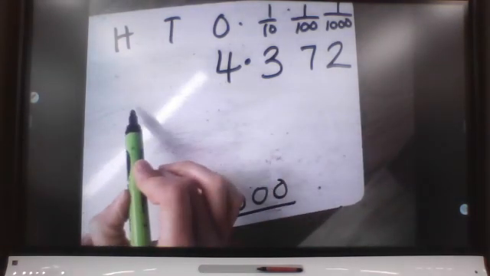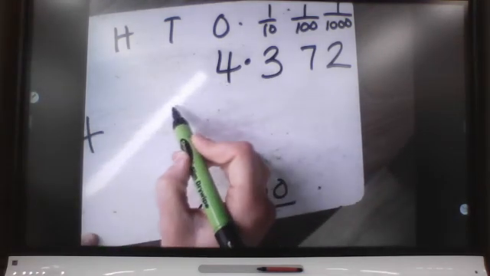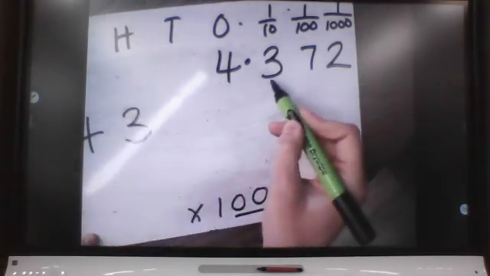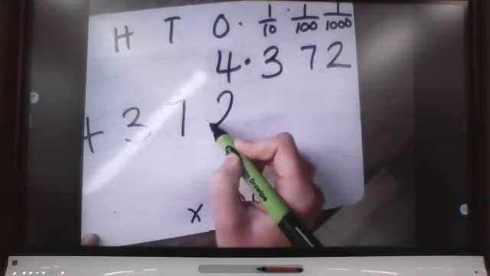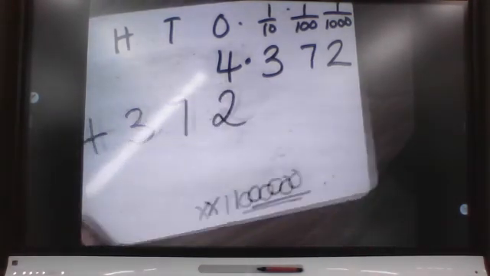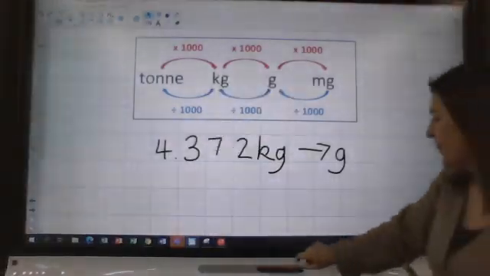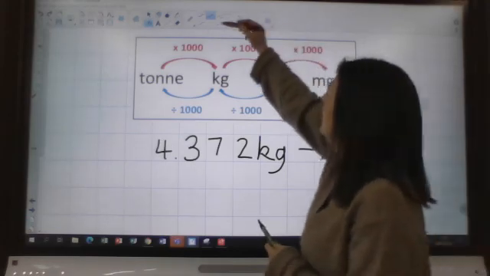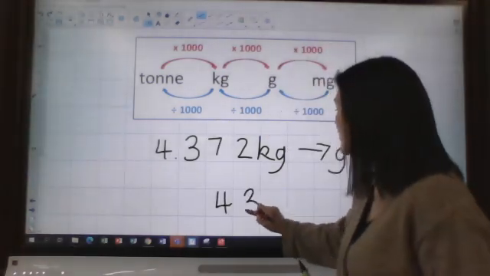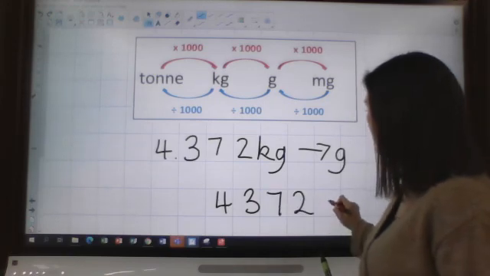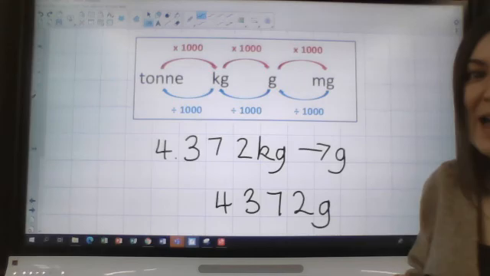So 1, 2, 3. 1, 2, 3. 1, 2, 3. So I've got 4,372. So my answer would be 4,372 grams. You might notice a little pattern, okay, that might help you.